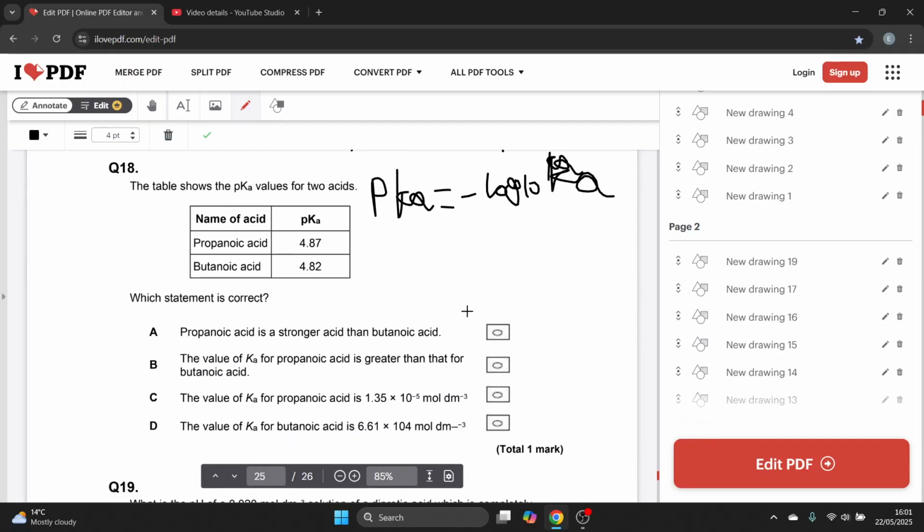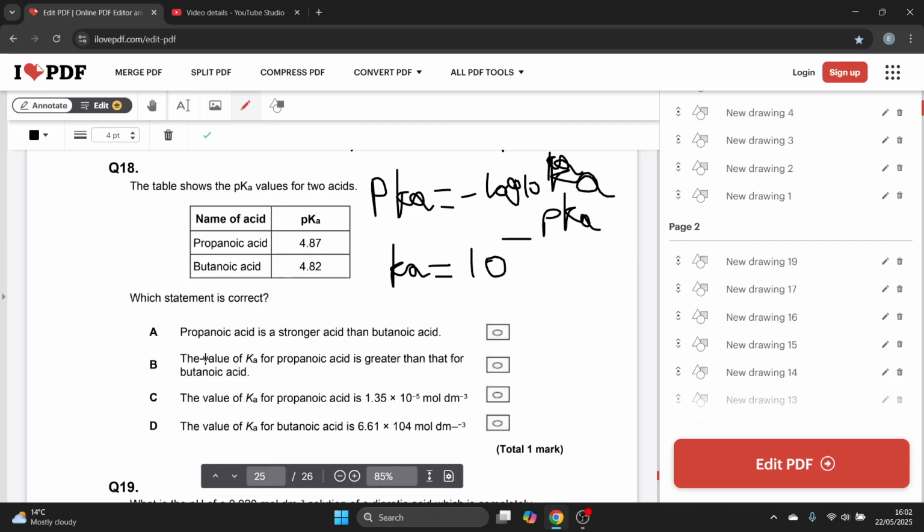Propanoic acid is a stronger acid than butanoic acid. No, I know that's not correct. The value of Ka is greater for butanoic acid than for propanoic acid. Well, let's think about it. Ka equals 10 to the power minus pKa. So if I'm doing 10 to the power minus 4.87, if I'm raising something to a power that's greater but negative, I'm going to get a smaller value.